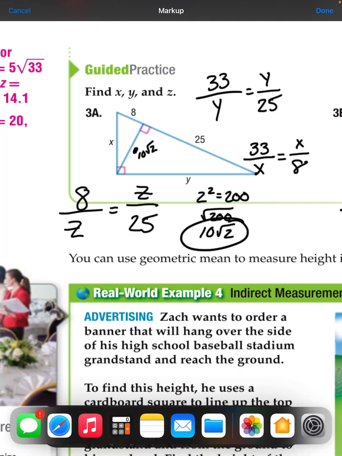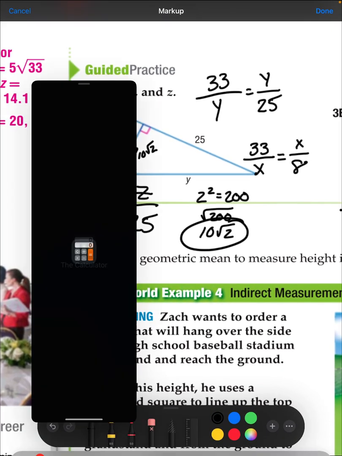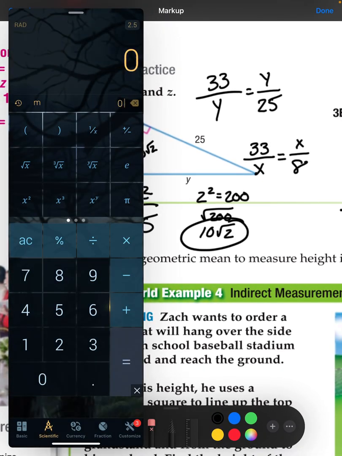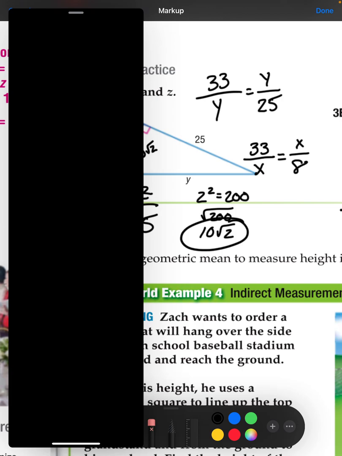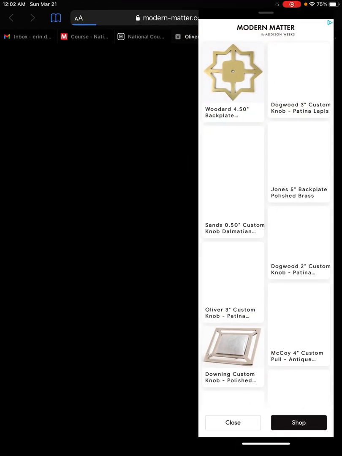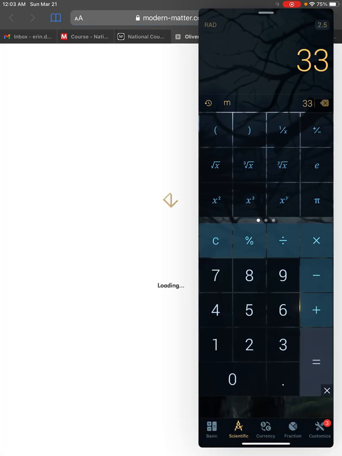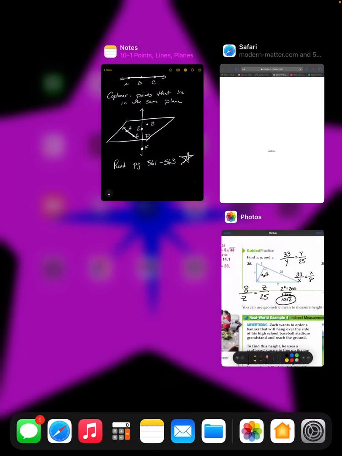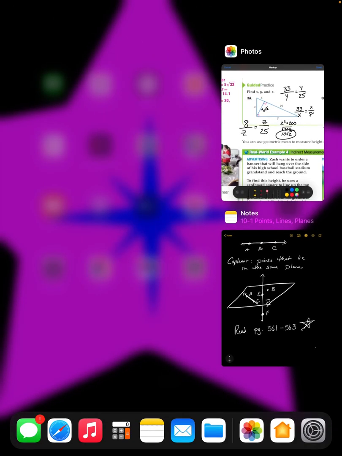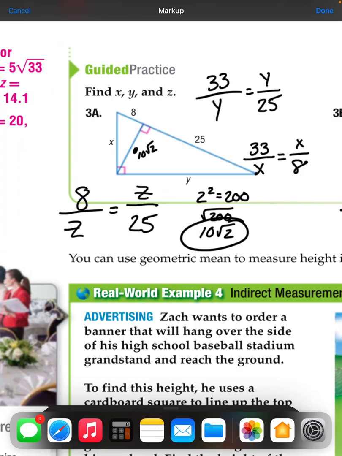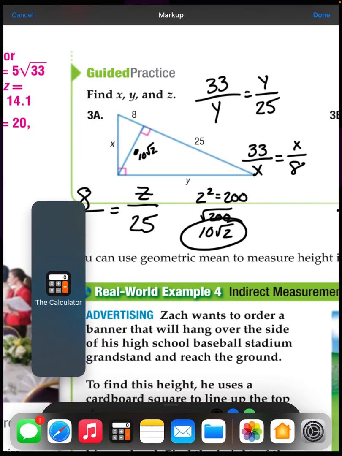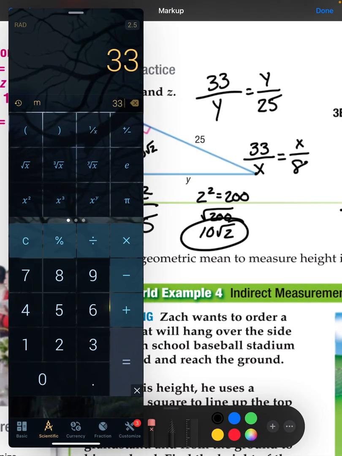So let's see what we get here. Bring up a calculator if it'll let me. All right, so 33 times 25 is 825.